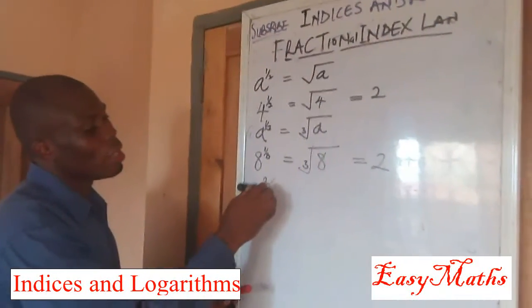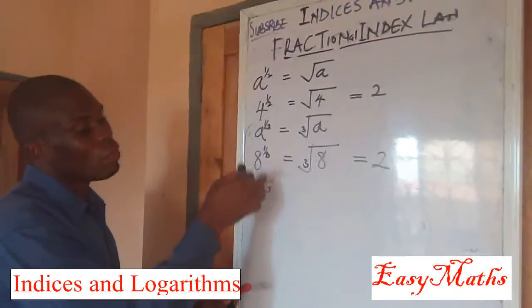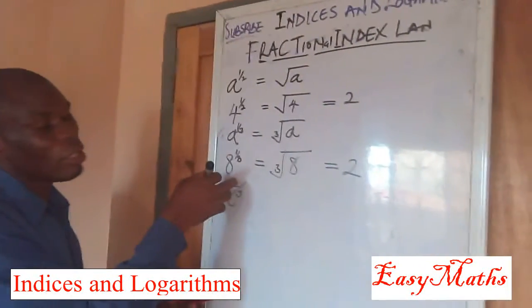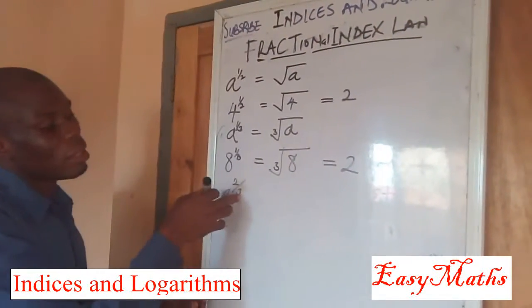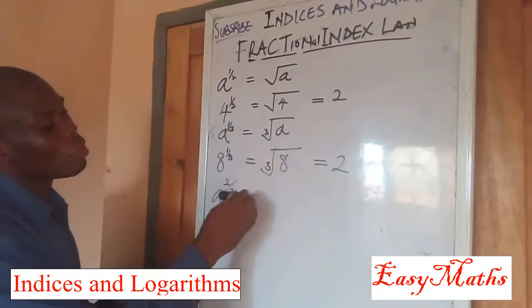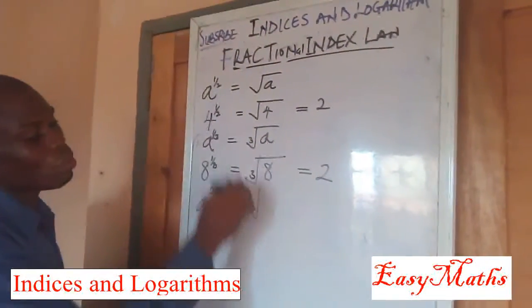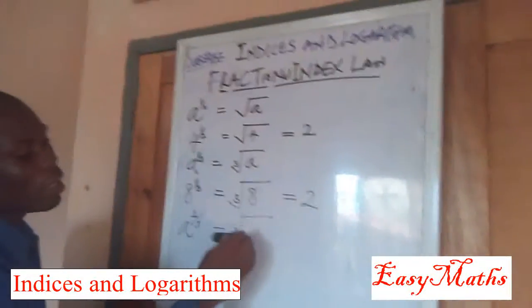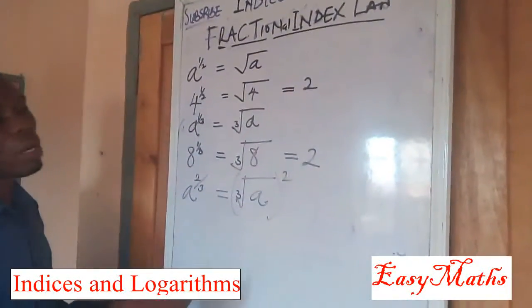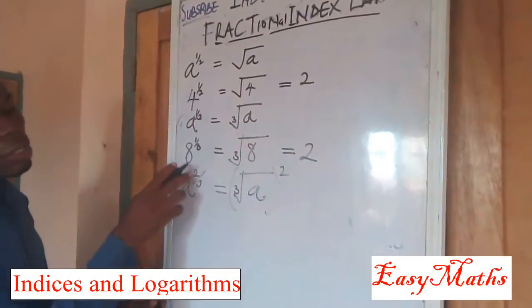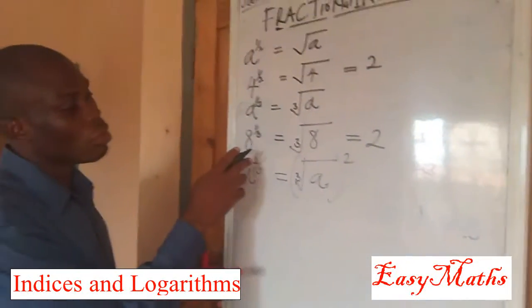But in case your numerator is not 1, say you have a raised to power 2 over 3, in this case the numerator is 2, not 1, and the denominator of the fraction is 3. So this will be the third root of a, all raised to power 2. Can you see? You are raising it to power 2 because your numerator here is 2.